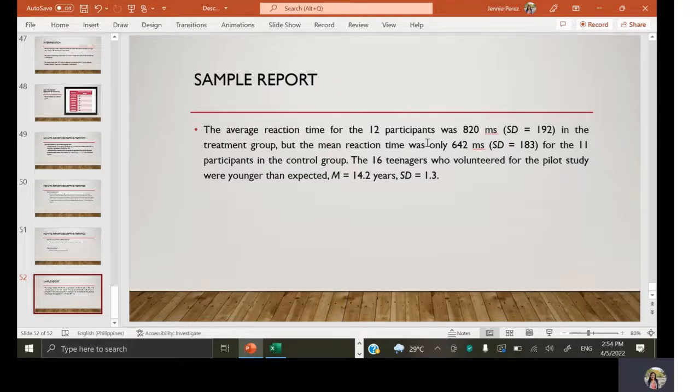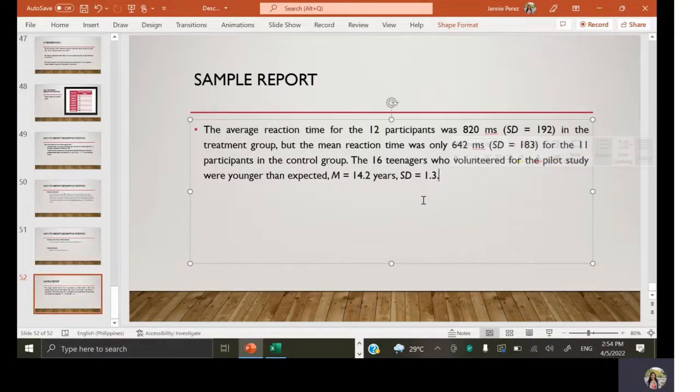But the mean reaction time was only 642 milliseconds, followed by SD 183 for the 11 participants in the control group. The 16 teenagers who volunteered for the pilot study were younger than expected. Their mean was 14.2 years and SD is 1.3.